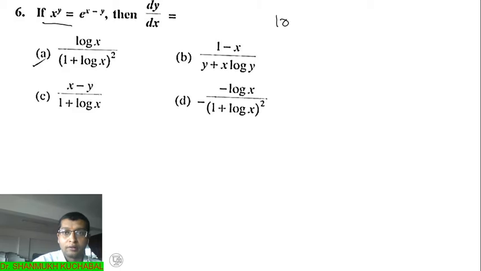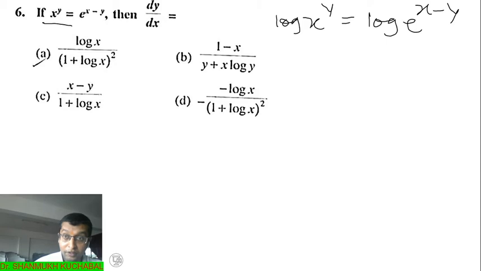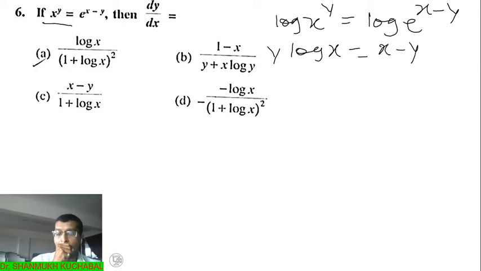So log of x raised to y equal to log of e raised to x minus y. Using a property of logarithm, this is written as y log x equal to (x minus y) log e, and log e value is 1.